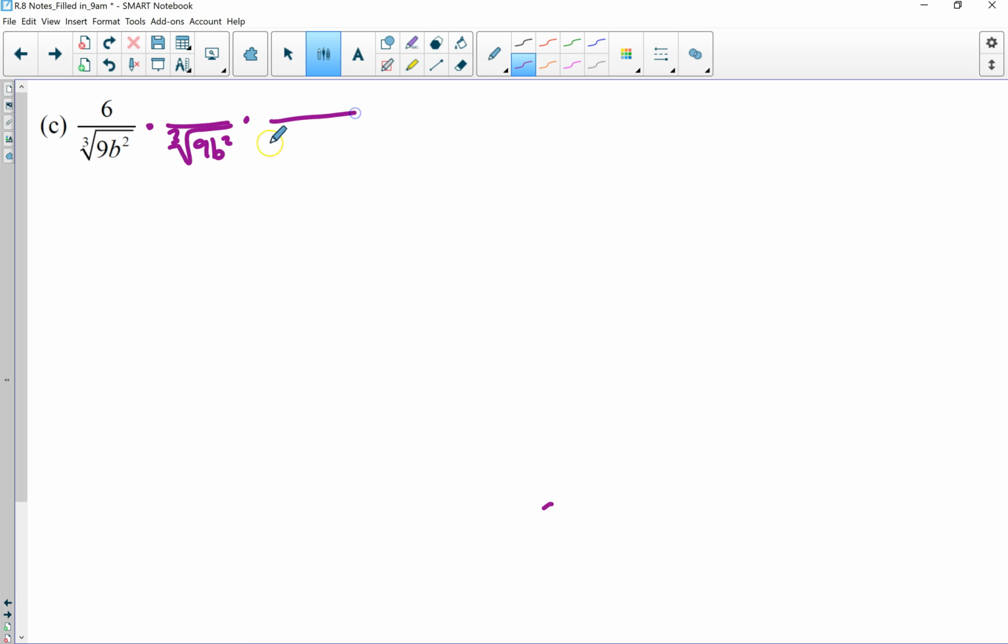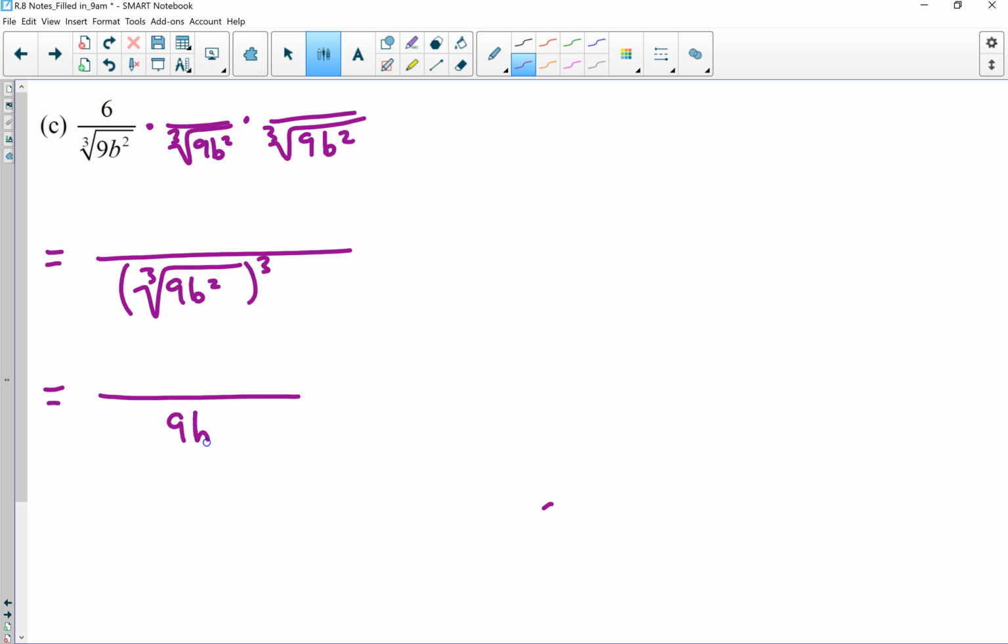To create a power 3, I need an extra factor, or an extra multiplication. So if I did that, let's see what would happen to my denominator. Well, I would have the cube root of 9b squared multiplied by itself 3 times. That's the equivalent of power 3. So that would get rid of my cube root for me, and it would leave the 9b squared in our denominator. So that's the key.